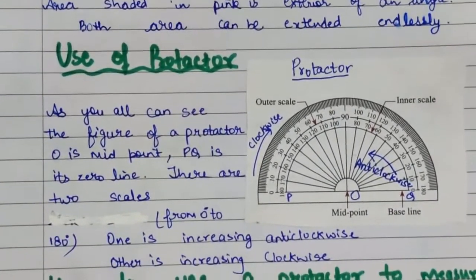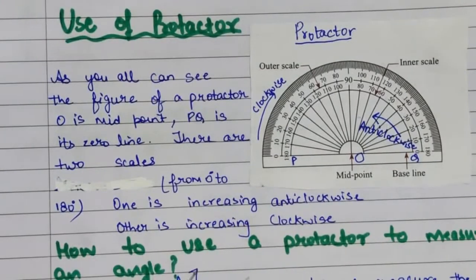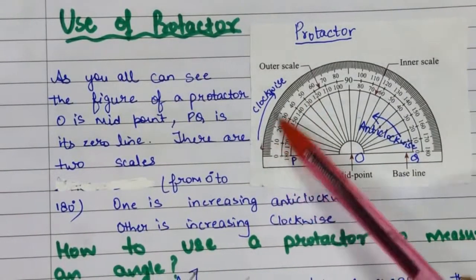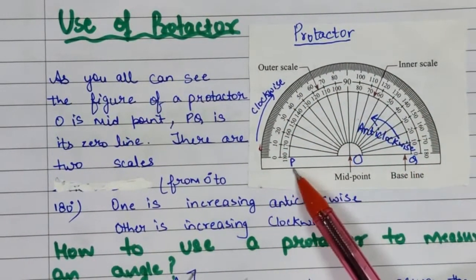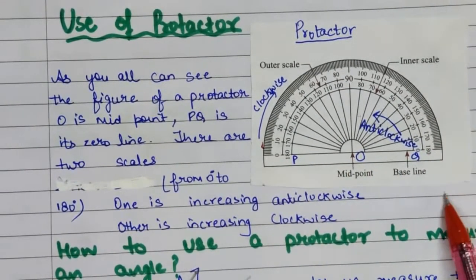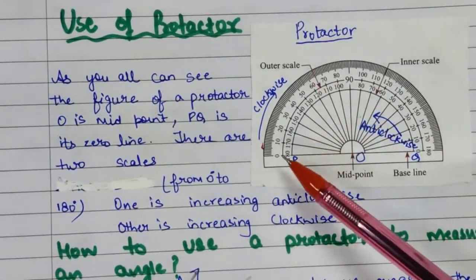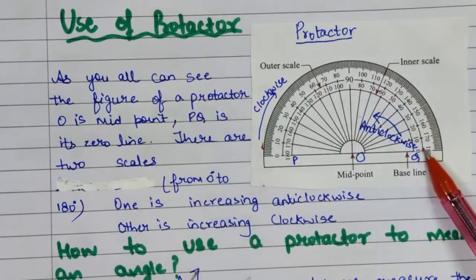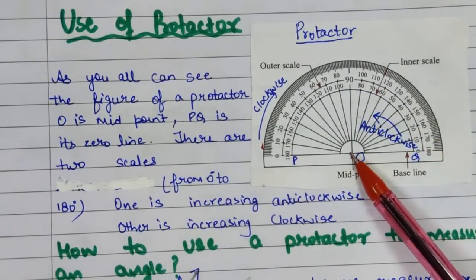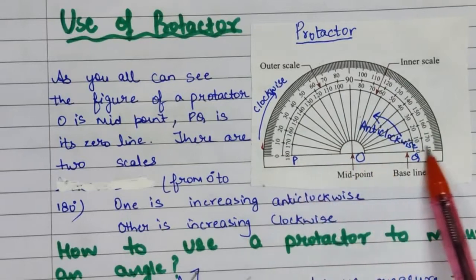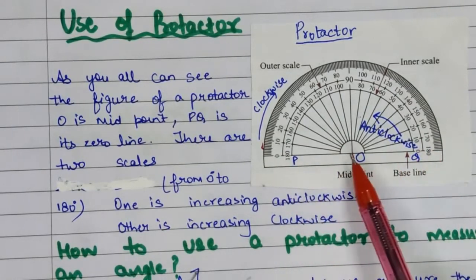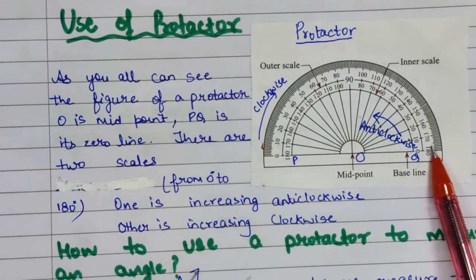Now let us start. What is a protractor and how can we use it? This is a protractor having D shape. You all must know this. This is a protractor where O is the midpoint and this line is the zero line. This is the midpoint, zero line, or the baseline.